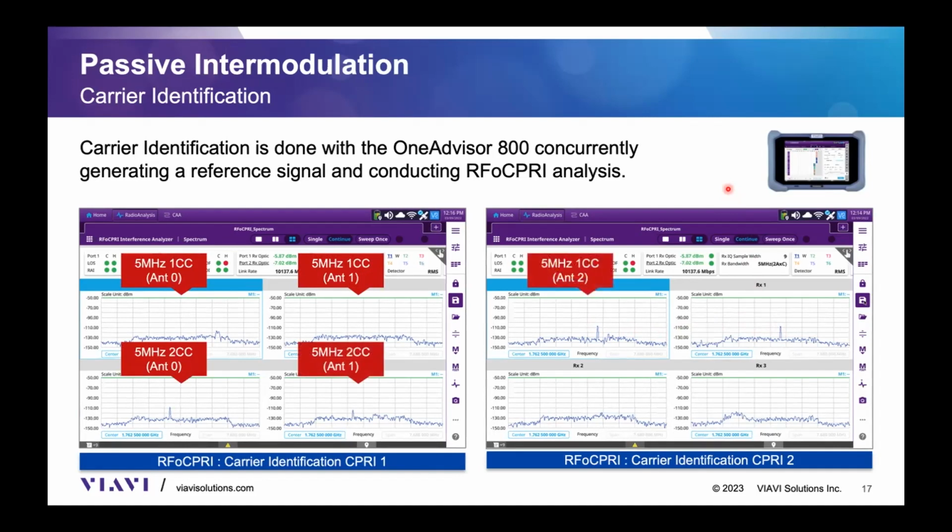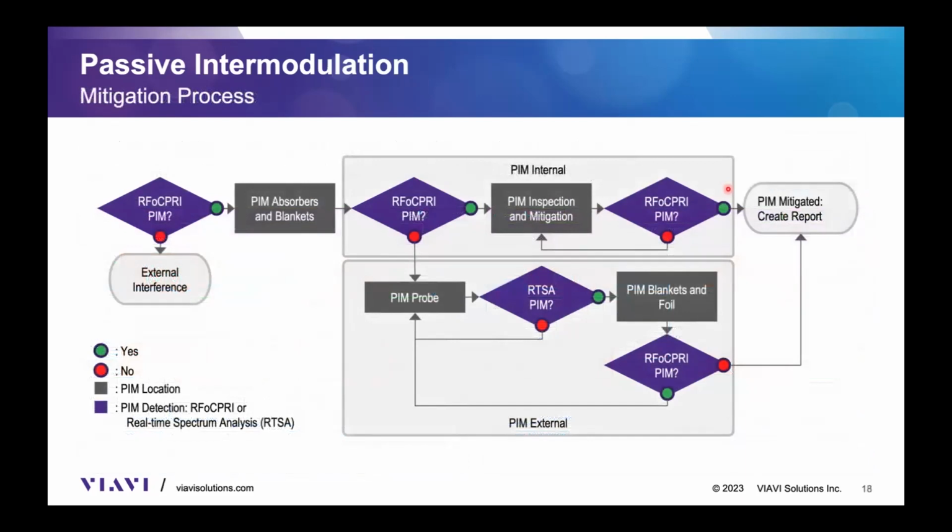And then on the right-hand side, I'm showing on the other CPRI link that I have my antenna 2, antenna 3 for one component carrier, and antenna 2, antenna 3 for the second component carrier. And again, this is very useful once we have a reference signal that we can properly identify the frequency of my uplink. This is one of the best practices that we have seen very useful.